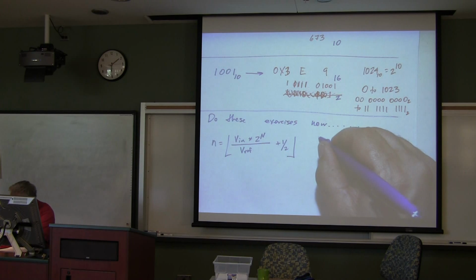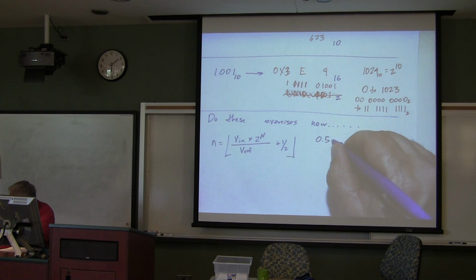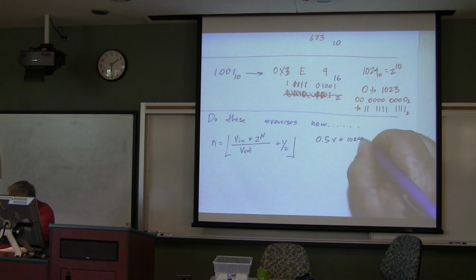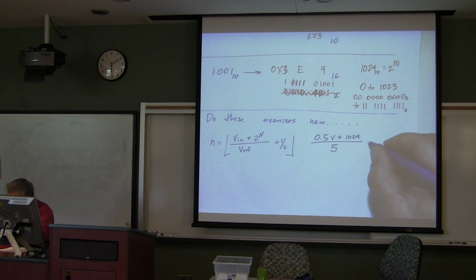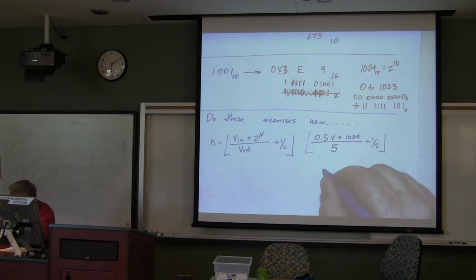So in our example, it's 0.5 volts times 1024 over 5. Oh, I didn't say what the bottom voltage is. It's 5. Plus 1/2, taking the floor of that, which is 102.9.